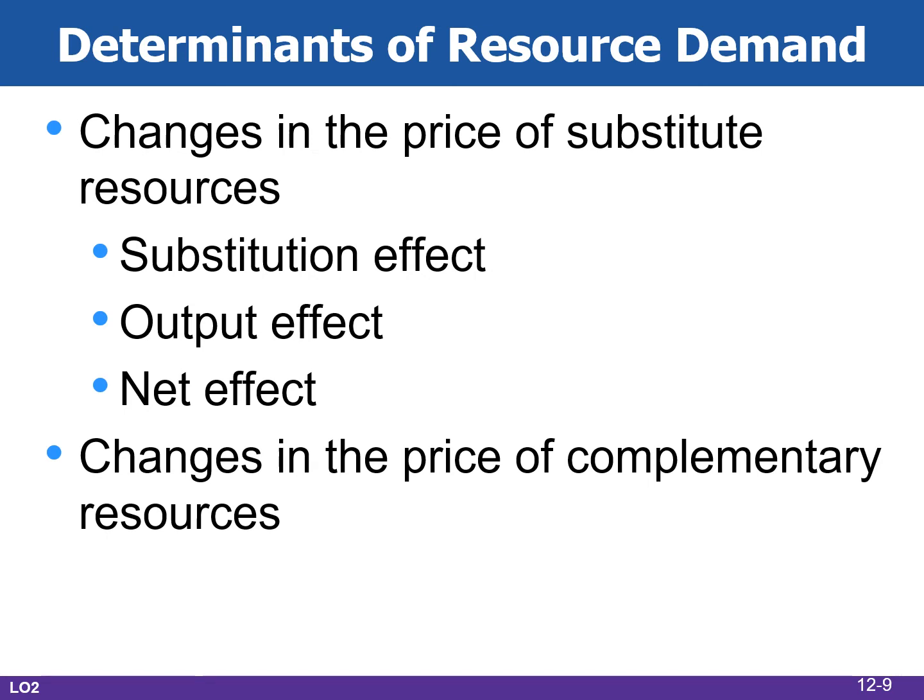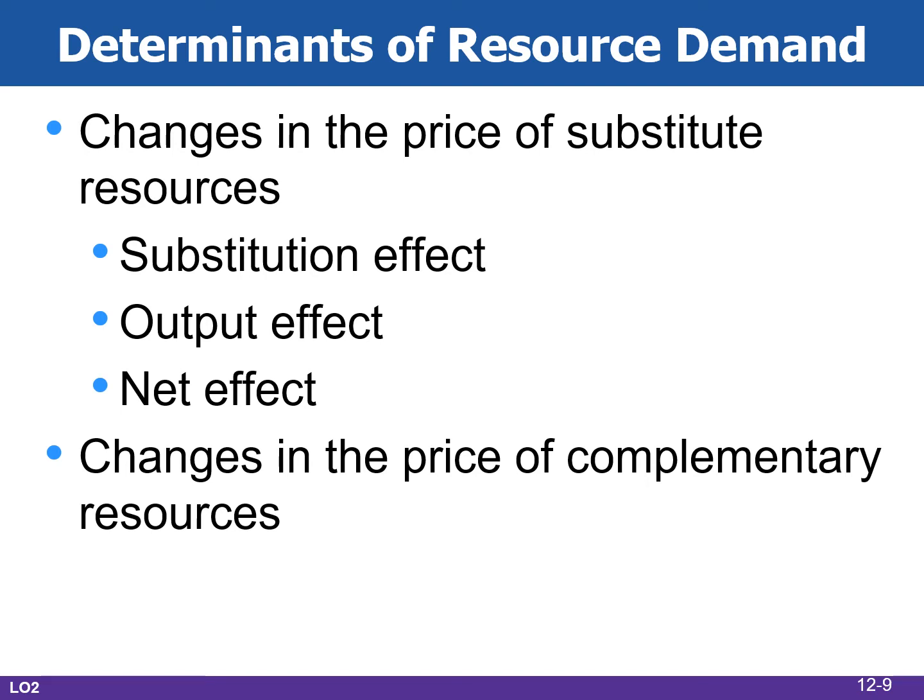To determine the total or net effect of the decrease in the price of machinery on the demand for labor, the economist must consider the substitution effect and the output effect in totality.